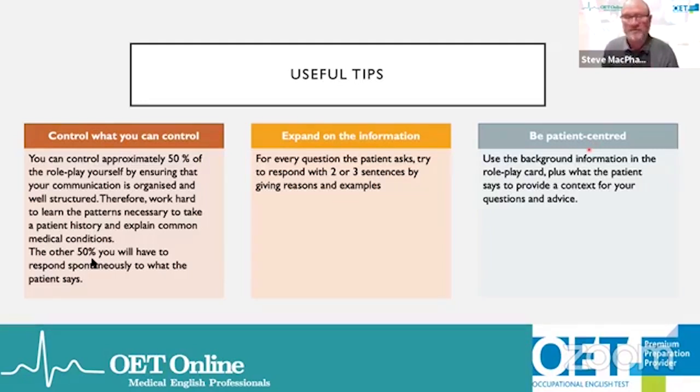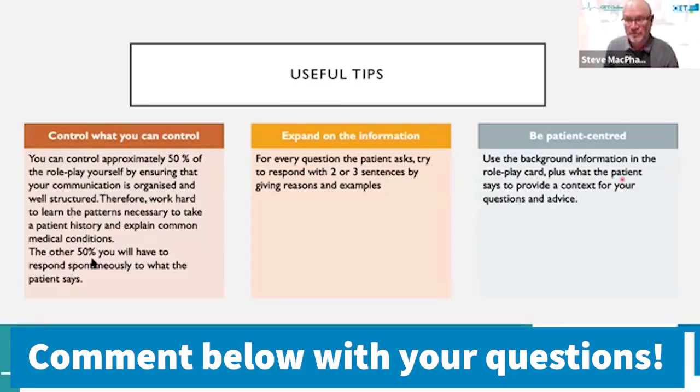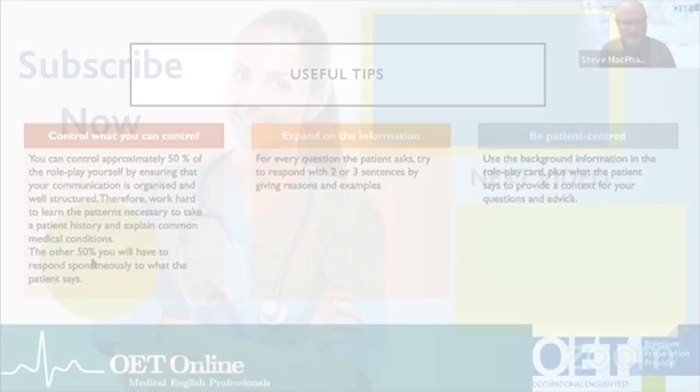The patient is real, so use the background information in the scenario given to help you address the needs of that patient. A common mistake that people make is they don't read the card carefully. There's useful information that you can use to make that role play more effective. You just need to locate it and use it in your role play so that the context is correct.